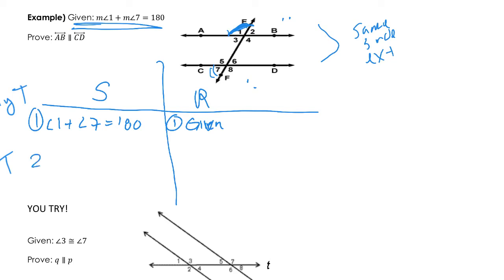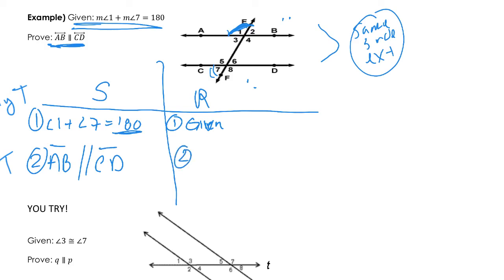So 2. If I have same side exterior and they're supplementary, what do you know? Well, looking back to the front, when we had same side exterior or supplementary, we know my two lines are parallel. So now I know AB is parallel to CD.